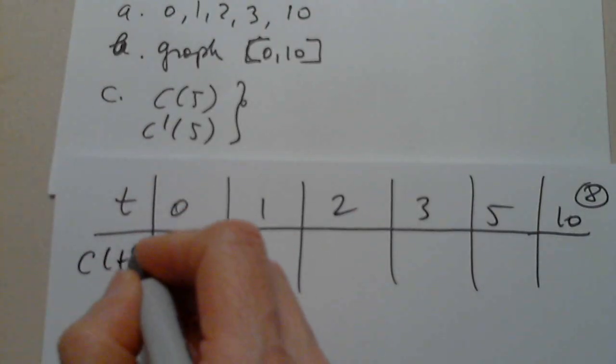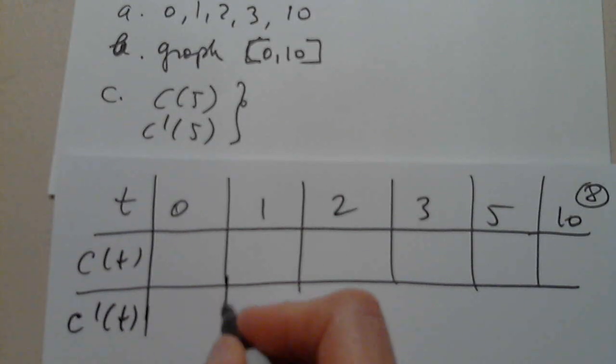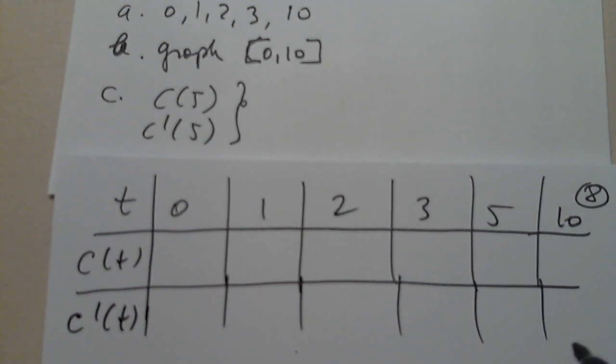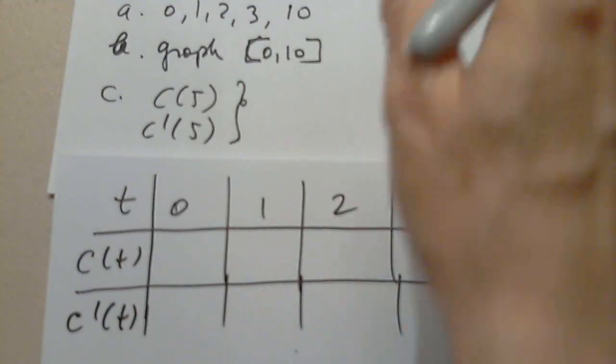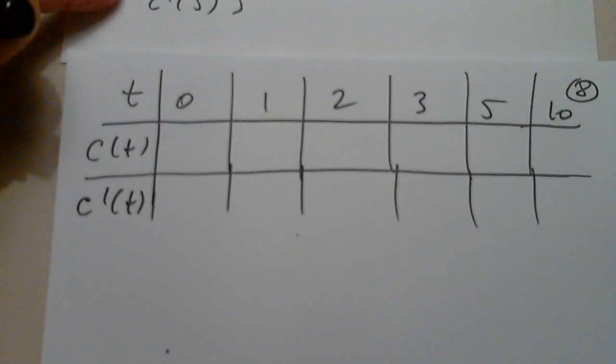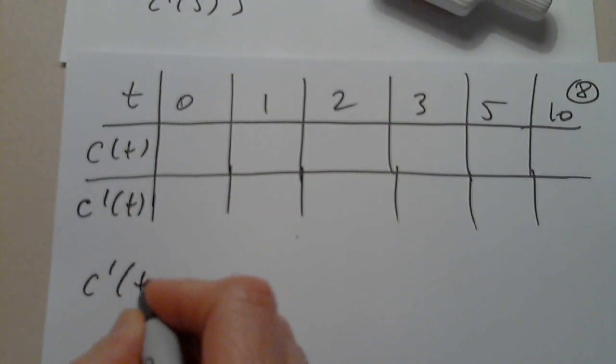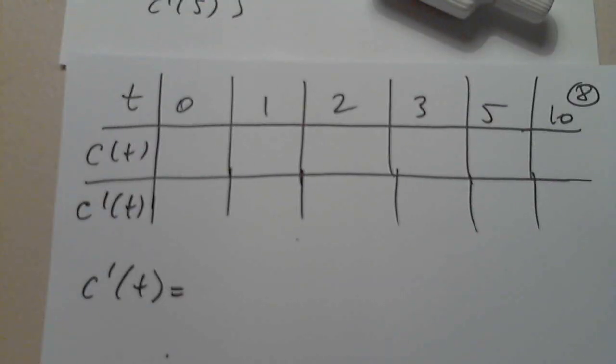So I have C of T, and then I'll have C prime of T. Okay, so let's find C prime of T. So we have it ready. Can anyone tell us which formula we apply for C prime of T? It's 10t squared times e to negative t.